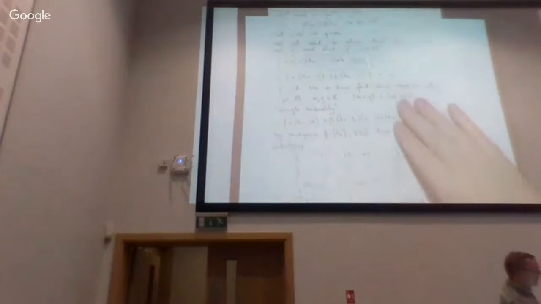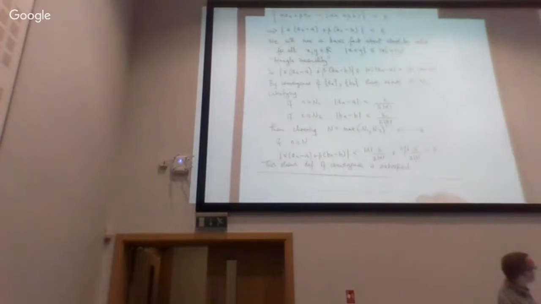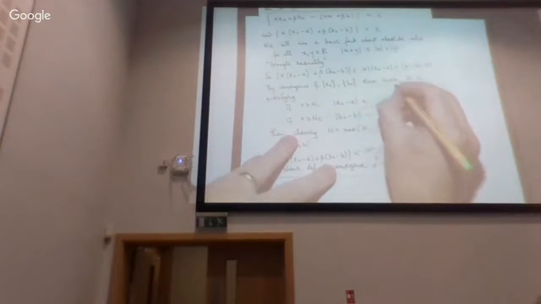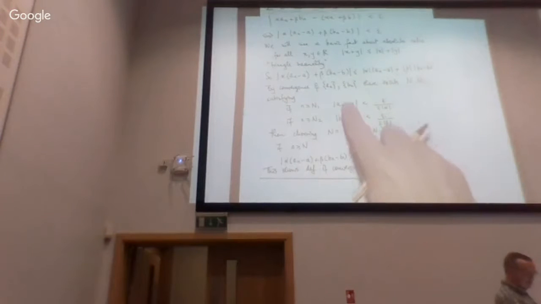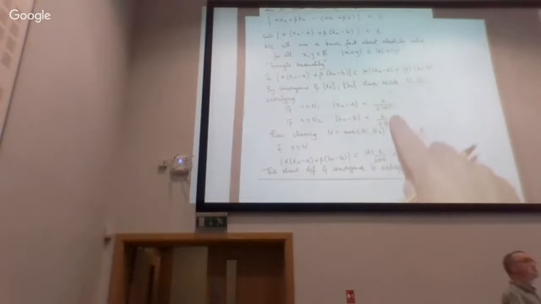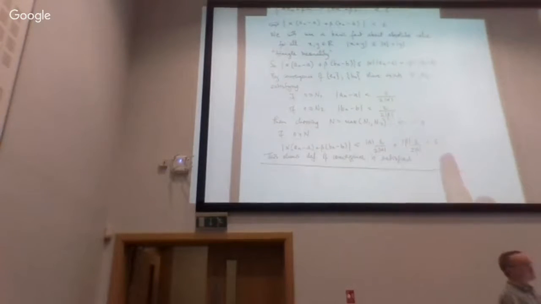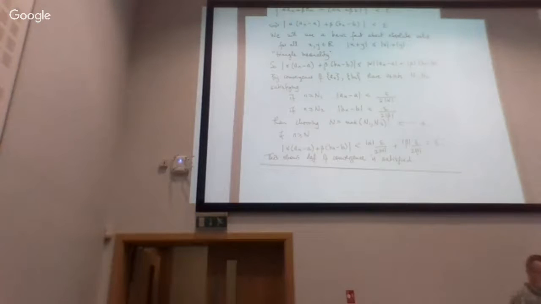Because we assumed we had two convergent sequences, I was allowed to use the definition of convergence, and I used it here, where I was able to say that there exist these two points, capital N1 and capital N2, that can make these absolute values small. And then by using N1 and N2, I was able to show that the definition of convergence is satisfied for this new sequence, alpha an plus beta bn.